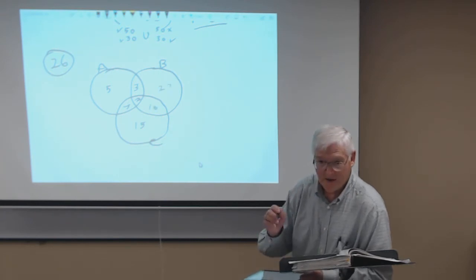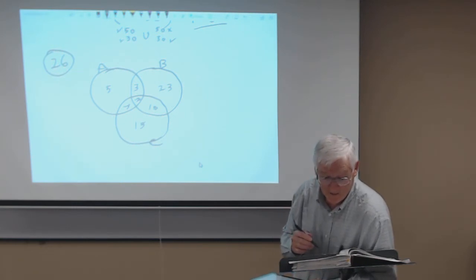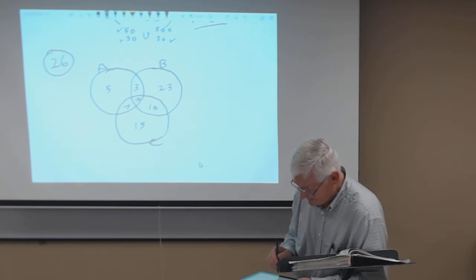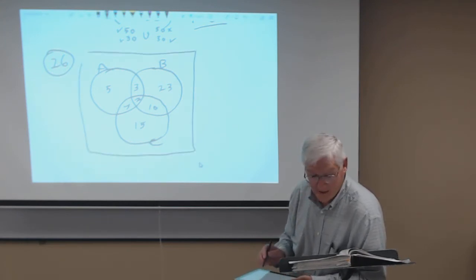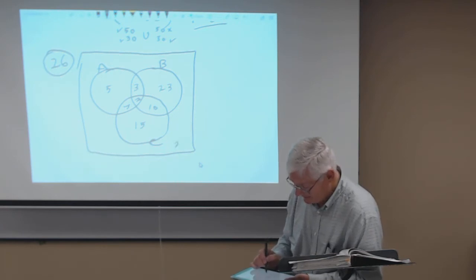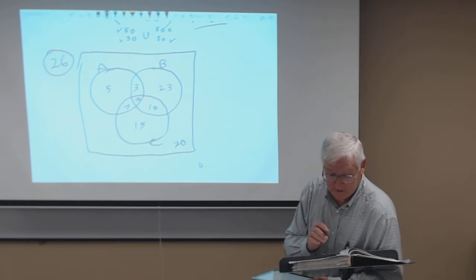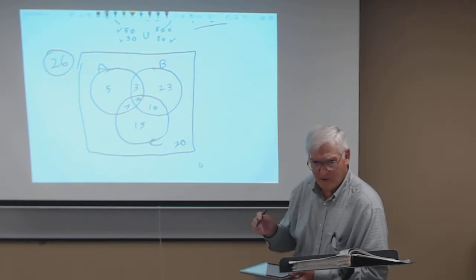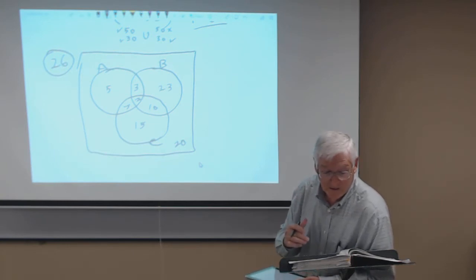Wasn't that nice that you didn't have to read up backwards to figure it out? Forget the people who don't buy anything. Oh, that's right. And down here in my universe, I got 20 people who don't buy any of the products. Now I can answer the questions. See why it helps to copy this stuff over? It kind of fixes it in your mind when you're looking at the questions.